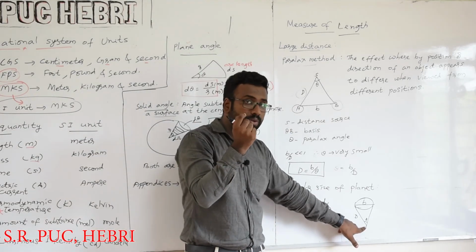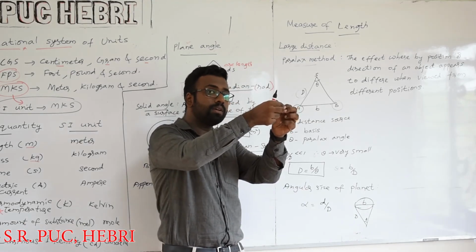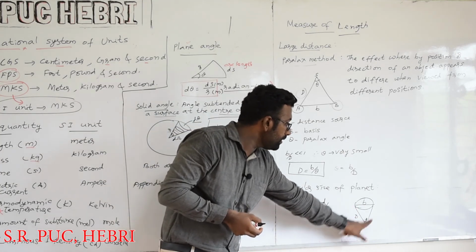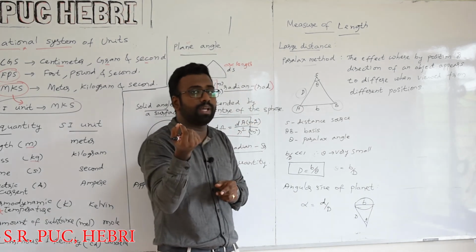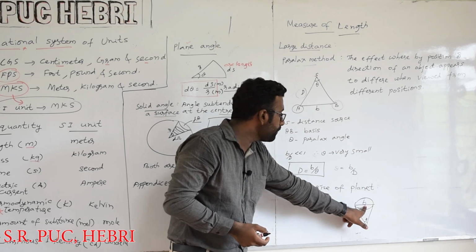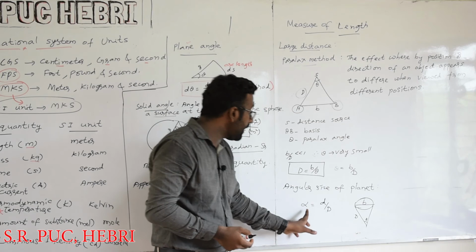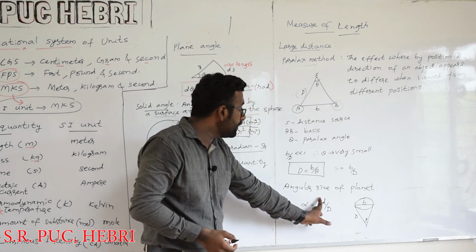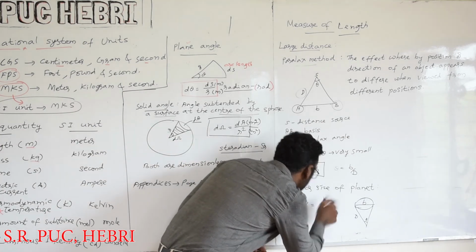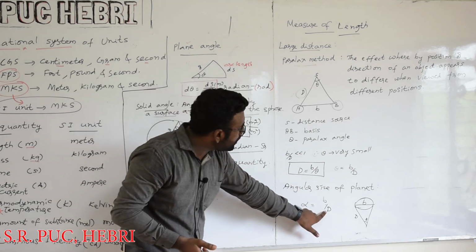With a single telescope, you can first focus on one side of the planet. Okay. Then again from the same point you focus on the other side of the planet. Then what do you get? You can get the value of B. You can get it when you have the formula alpha is equal to B by D, the same thing you have used here; the same method you will be using here.